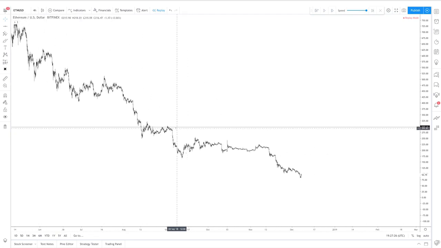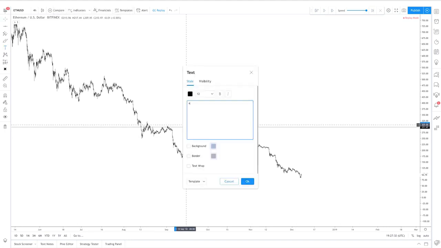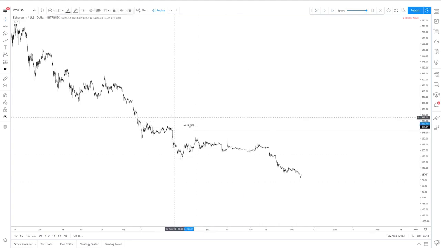So I'm marking that off, and I'm going to be calling this a 4-hour SR, right? Here is a support zone, which was a pivotal point as we broke down out of it. And we can see that we retested it right here.